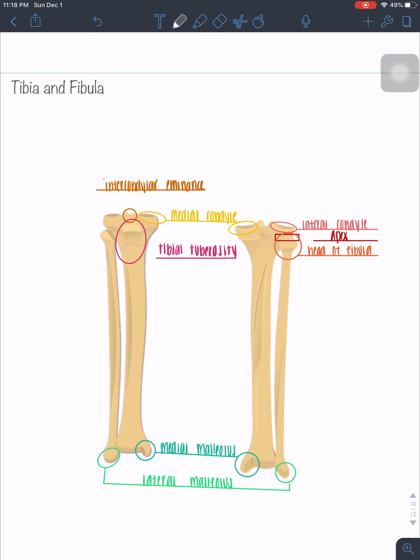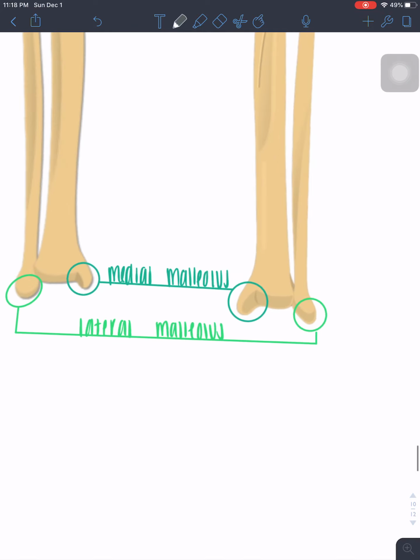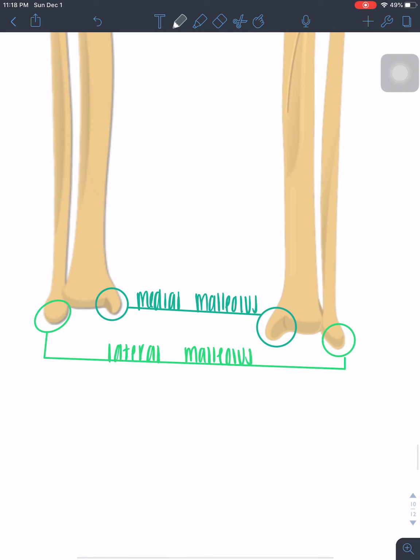And then there's also the head of the fibula itself right there. If we go down, there is the malleolus, which I think of as condyles, even though they're not condyles, but I think of them in the form that there's a medial and a lateral. So there's medial malleolus and then lateral malleolus.